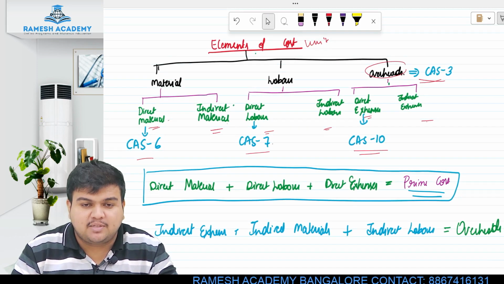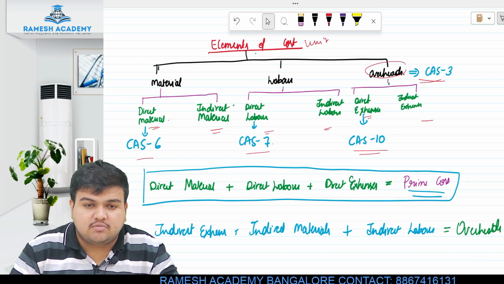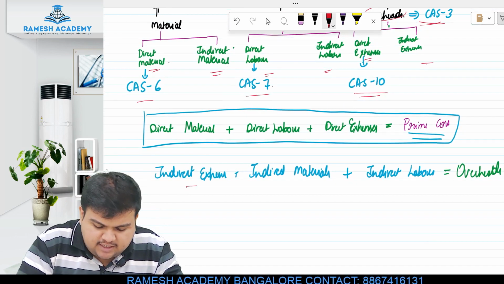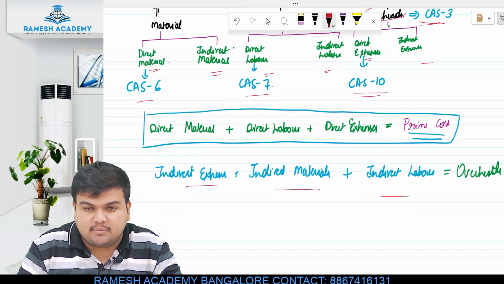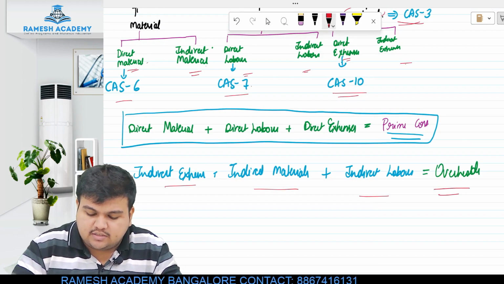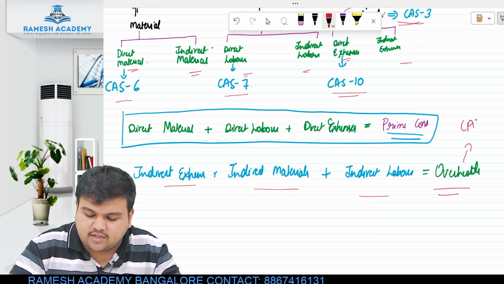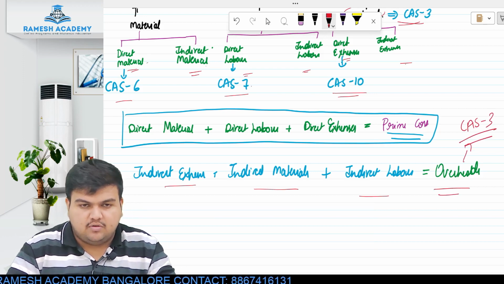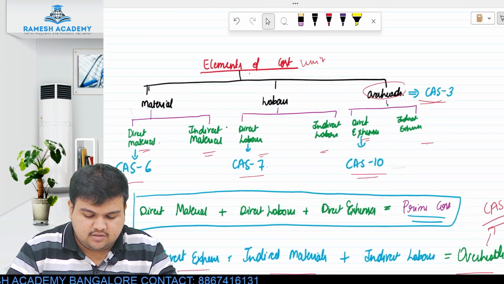Direct material plus direct labor plus direct expenses is equal to prime cost. Whatever the indirect expenses, indirect materials, and indirect labor are, together they equal overheads, which come under Cost Accounting Standard number 3.